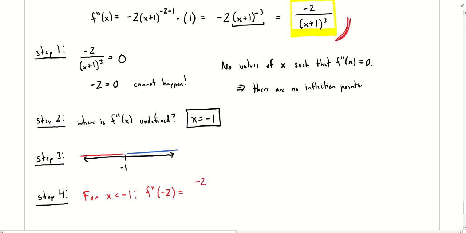So my numerator is negative 2. My denominator is negative 2 plus 1 cubed. So negative 2 is always going to be negative on my numerator. Negative 2 plus 1 is negative. Cubed, it's still negative. So that's going to leave me with a positive second derivative on this interval.